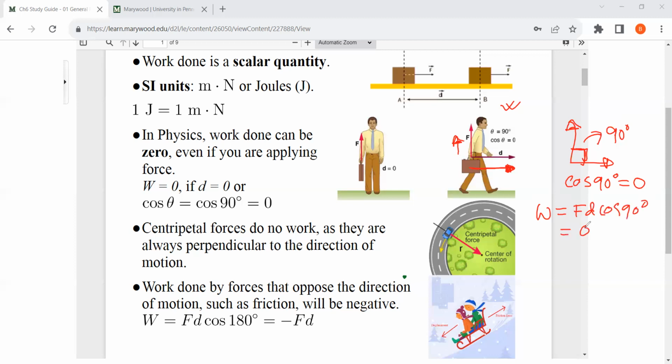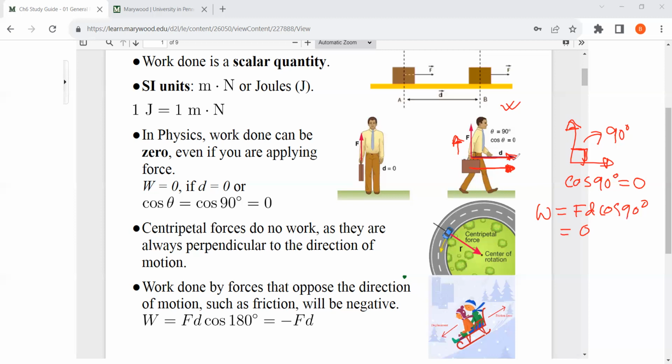Here the person is applying some force against gravity. There is a force, there is displacement, the person is walking and changing position.